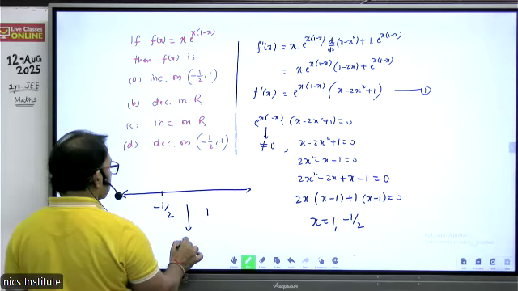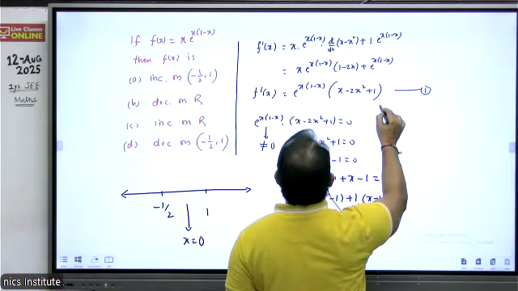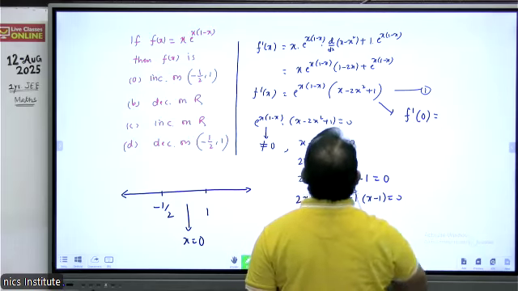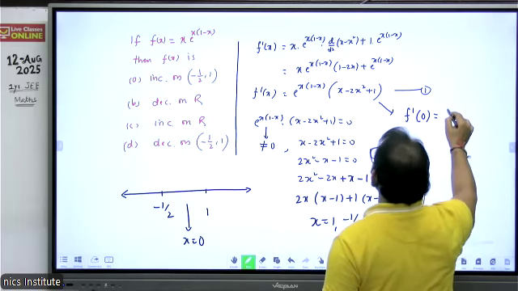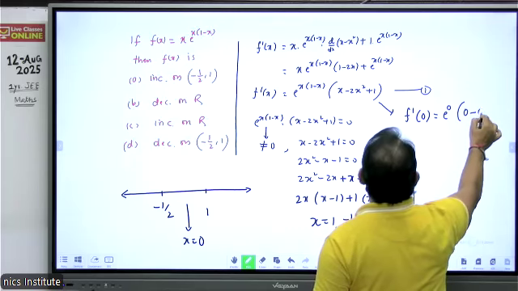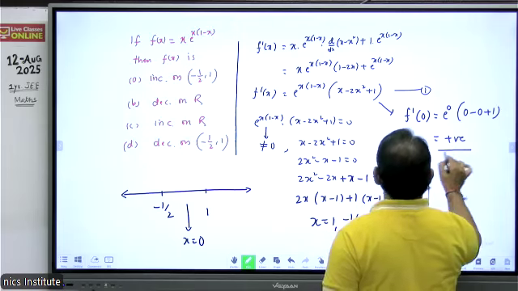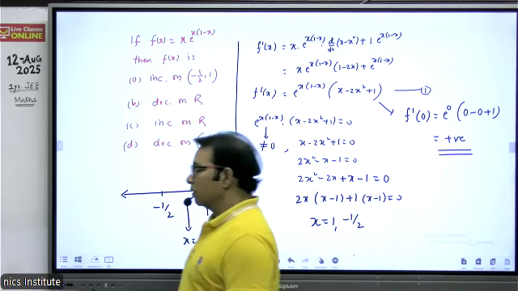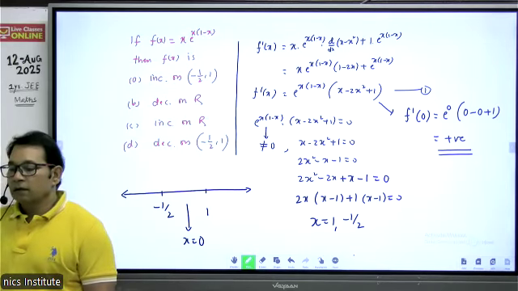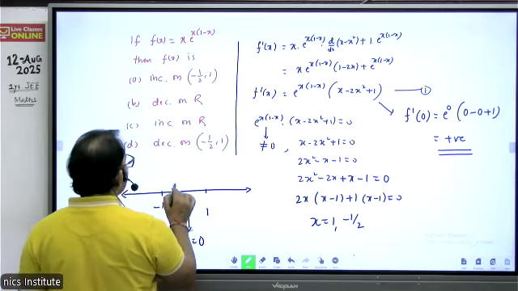Take x is equal to 0 in this interval. This x equal to 0 you substitute over here. So this will be e to the power 0. It's coming out to be positive. So minus half to 1, it's positive. So here the derivative is positive.